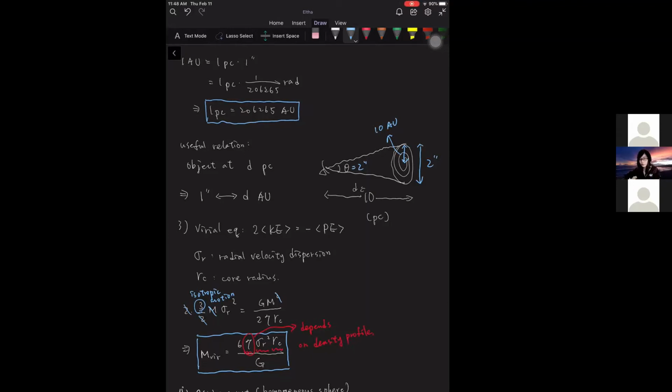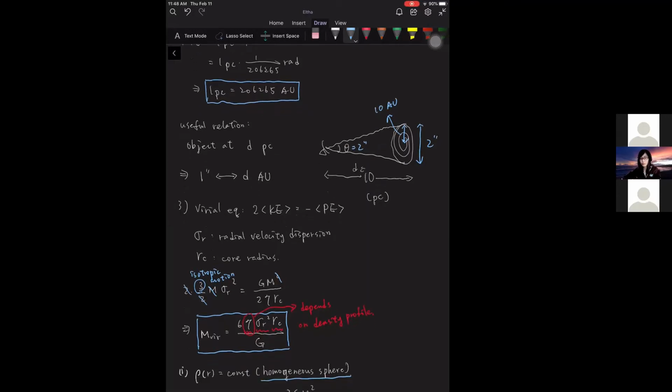This is useful because if we're observing this galaxy, what we get is an image of this galaxy. The astronomical data is an image, and there is a pixel, which is the smallest angular resolution element.